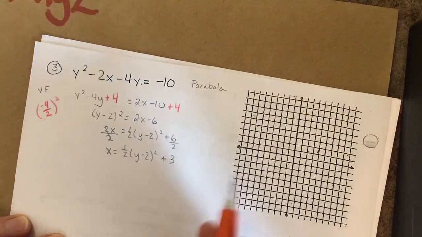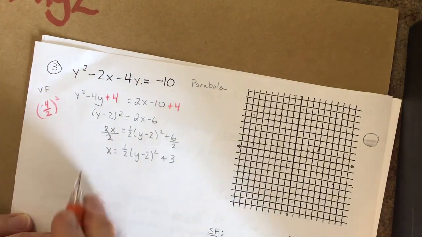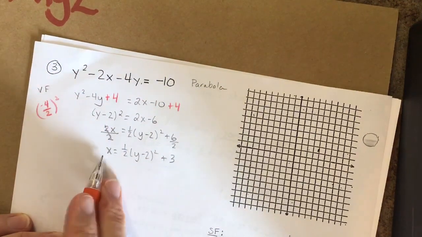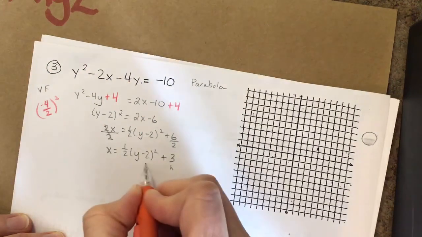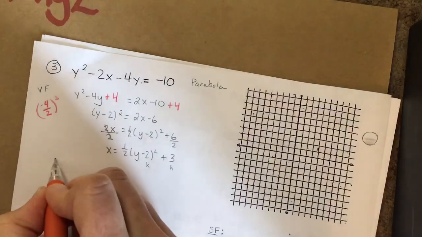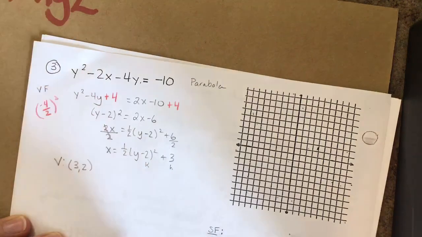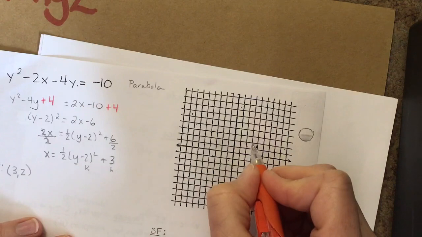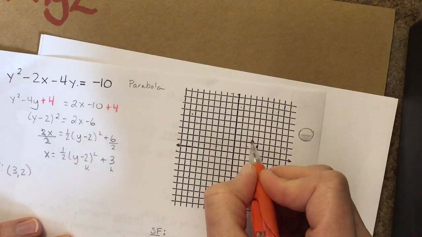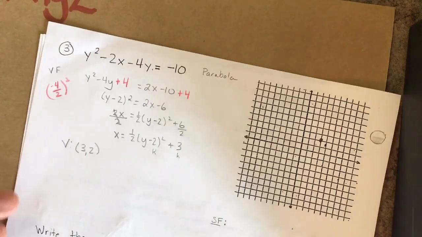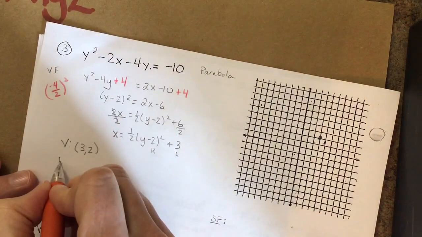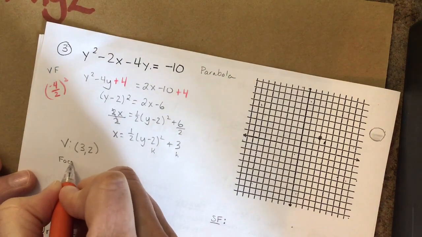Right? The vertex is HK. Remember, this is a backwards one itself for x. So this is H and K. The vertex is 3, 2, HK. 3 to the right, 2 up. Vertex.